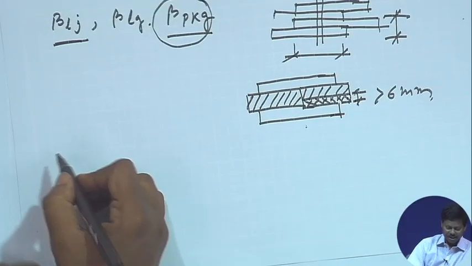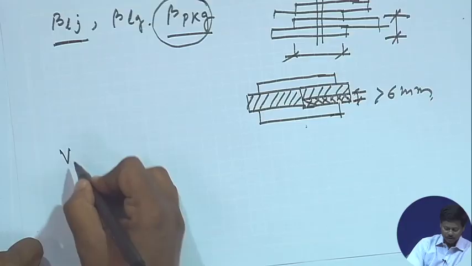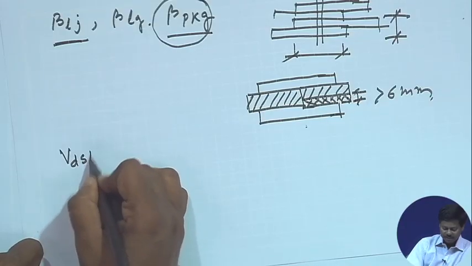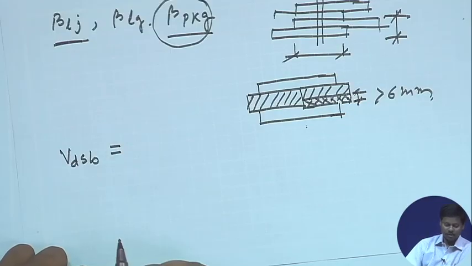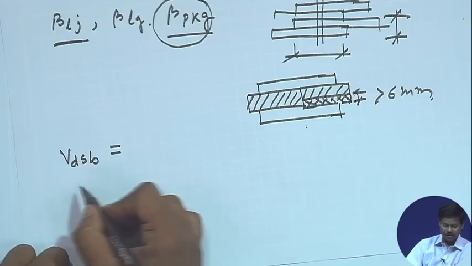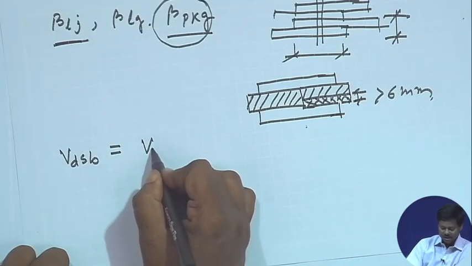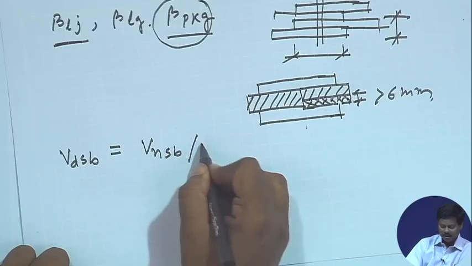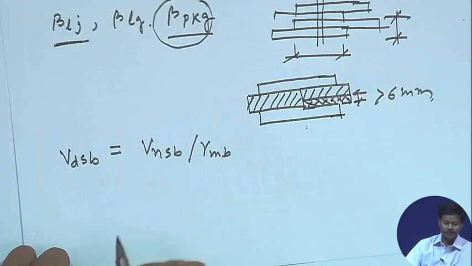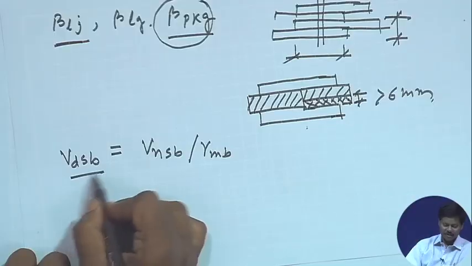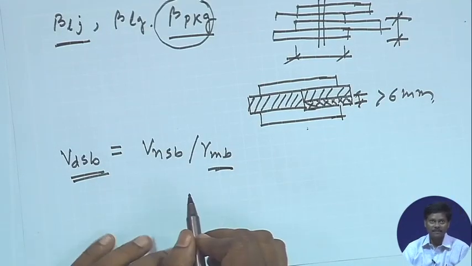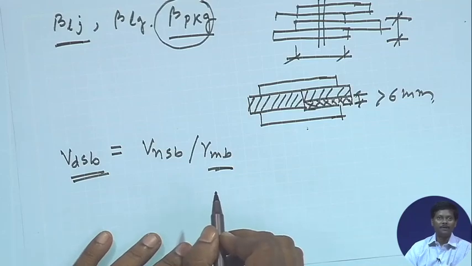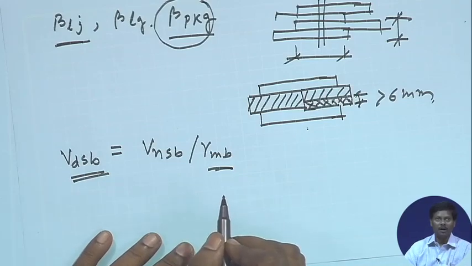Now, the design shear force, which is called VDSB, I am taking the parameter name as given in the code, the same parameter I am using. VDSB is equal to VNSB by gamma MB. VDSB is the design shear force and gamma MB is the partial safety factor. This gamma MB is given in the IS code in table 5.